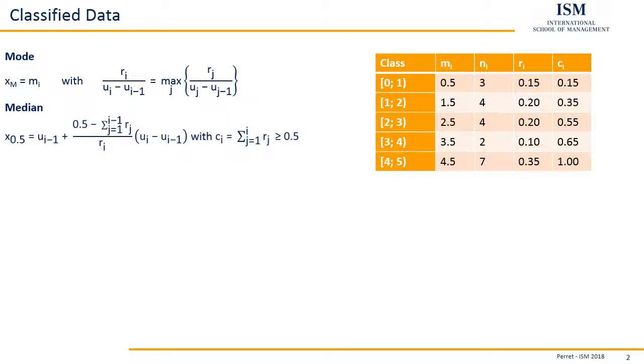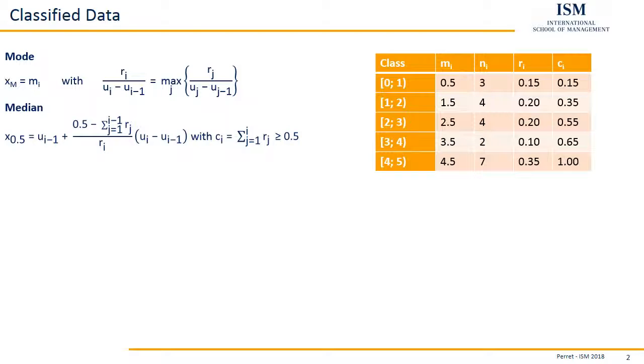As I said earlier, the class width here is 1. So we go 2 plus 0.5 minus 0.35 divided by 0.2 times, in parentheses, 3 minus 2, so times 1. And this gives us our median. We can also interpret the median as we start with the lower bound of our median class, and then we have to go a certain part into this median class.